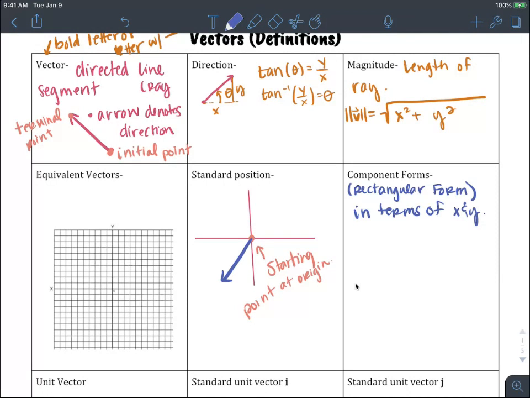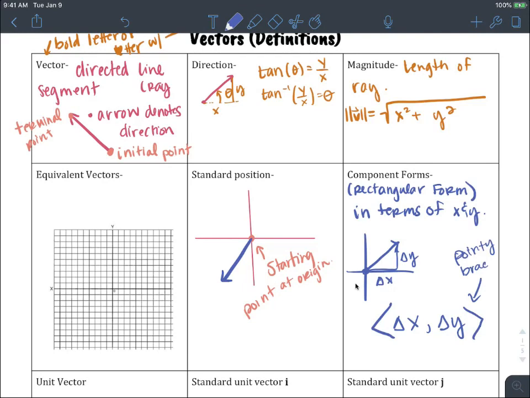So instead of parentheses, let's say I have a vector here, and we're moving some change in x this way, and then some change in y this way. Our component form would be the change in x, comma, change in y. So how far over to the left or right I move, and then up or down. And we use pointy brackets to denote a vector.